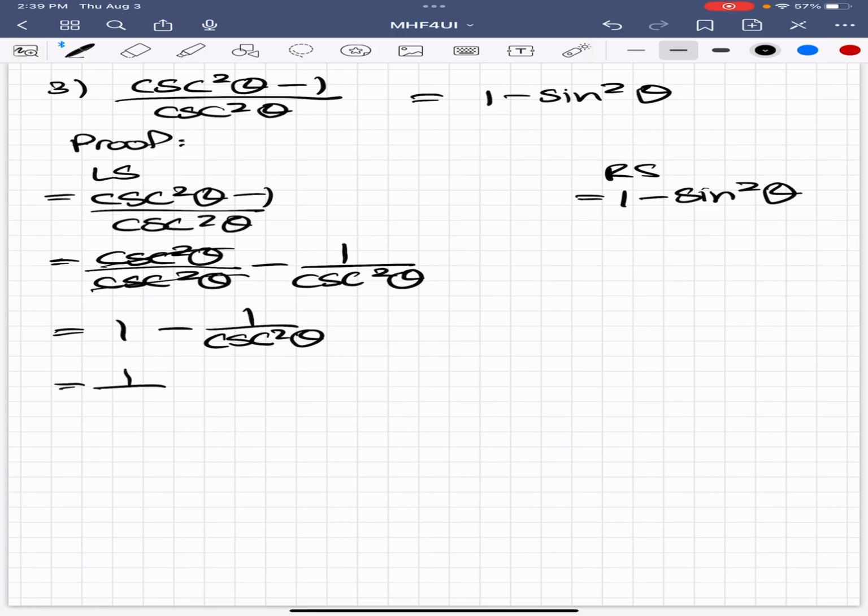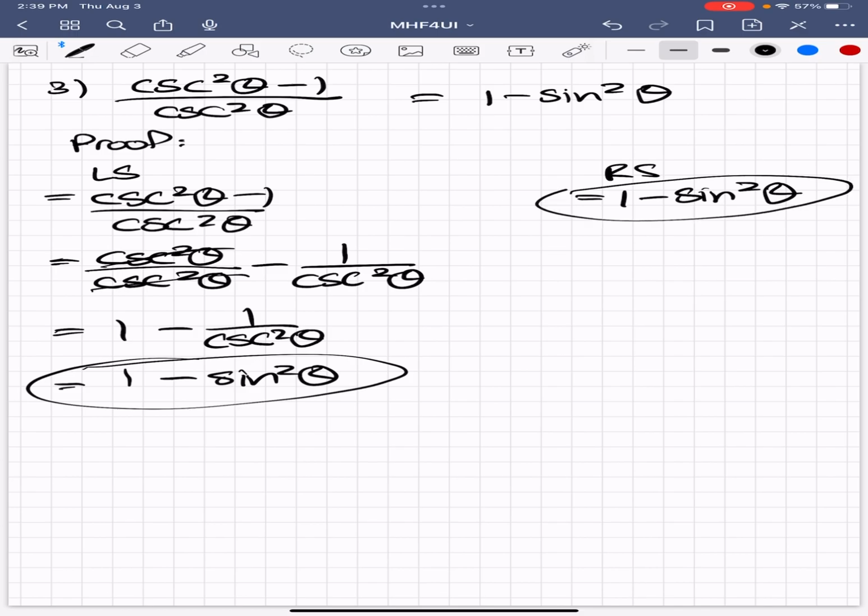Now, using the reciprocal trigonometric identities, we're going to do sine 2 theta. And it's just the reciprocal identity, but to the power of 2. And we have left side equals right side.